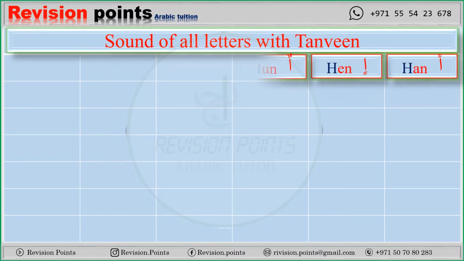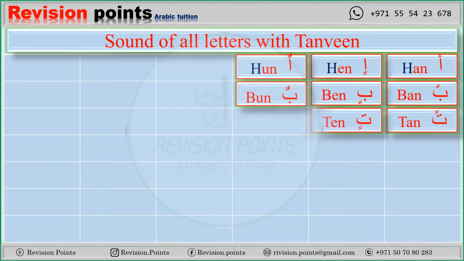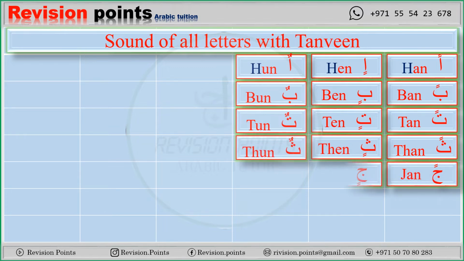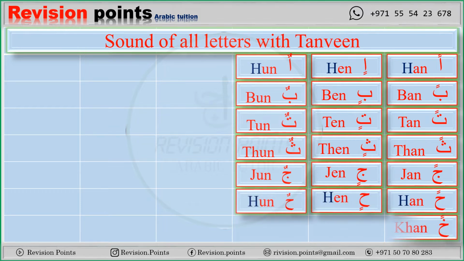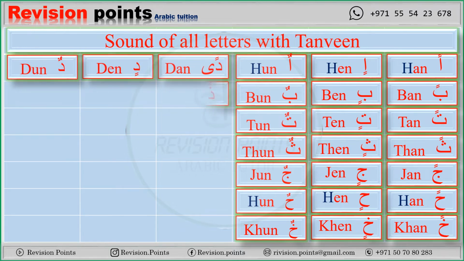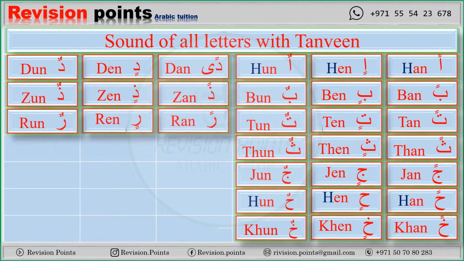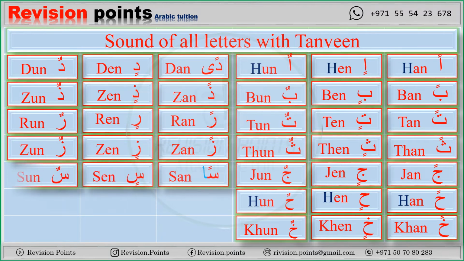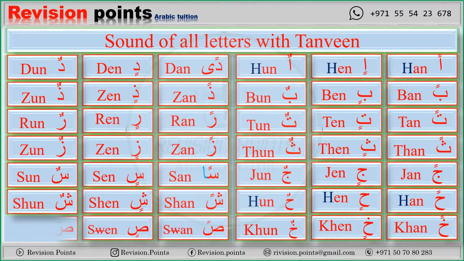An, in, un; ban, bin, bun; tan, tin, tun; san, sin, sun; jan, jin, jun; han, hin, hun; khan, khin, khun; dan, din, dun; zan, zin, zun; ran, rin, run; zan, zin, zun; san, sin, sun; shan, shin, shun; san, sin, sun.